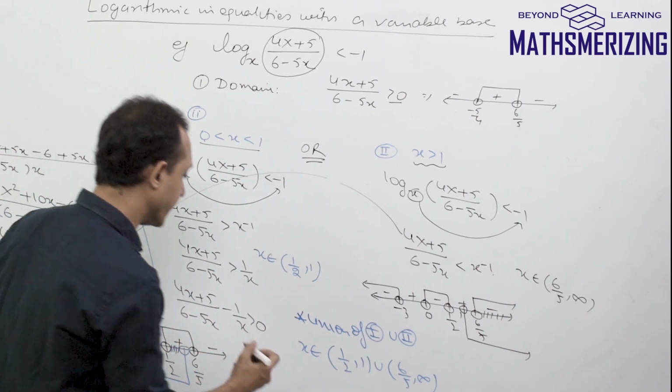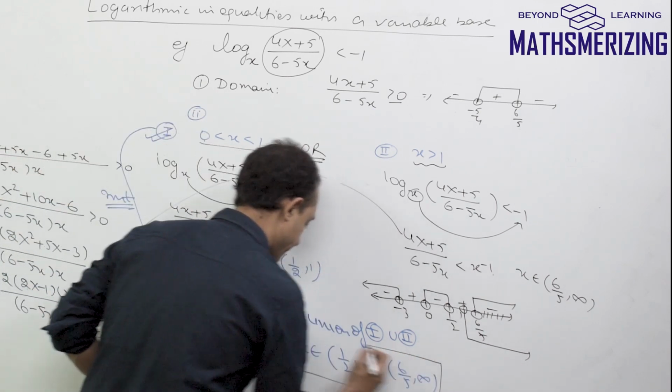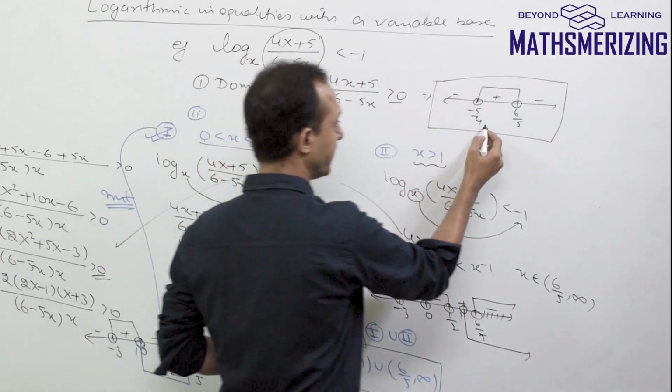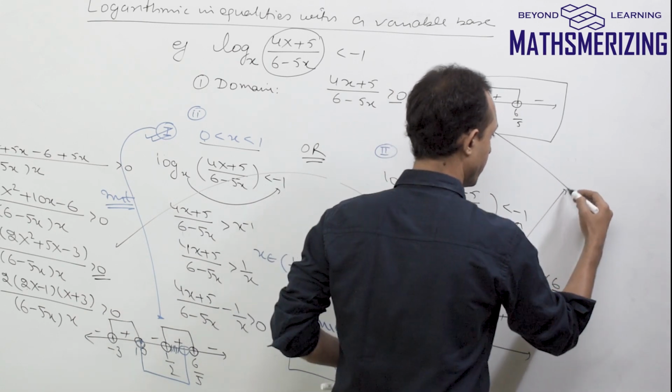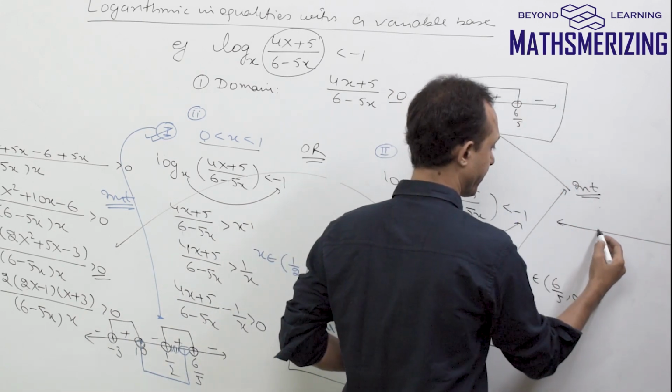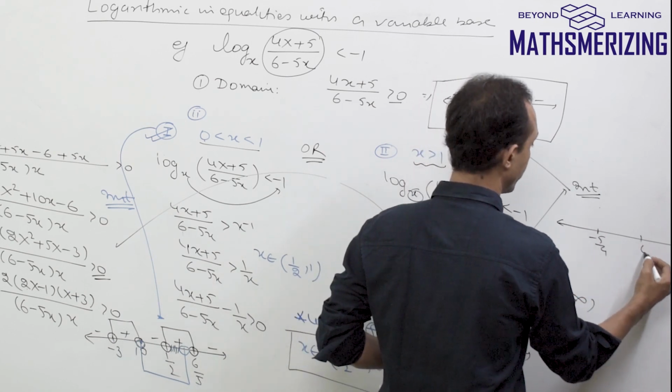Now I need to take the intersection of this result with the condition of domain. So if I'll take intersection of these two, I'll get, so the first one is minus 5 by 4 to 6 by 5.